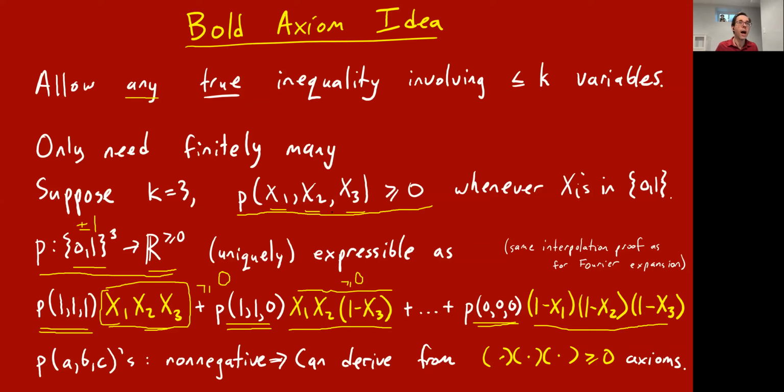Okay, and so you can derive this polynomial as greater than or equal to 0, presuming it's true, from the axioms. So somehow what I'm saying is these 8 axioms are sort of like a basis for all true inequalities about these 3 0, 1 variables. Does that make sense?